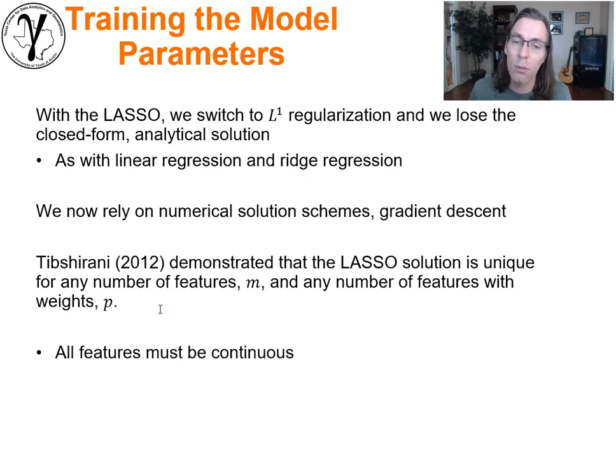Just like with dimensionality reduction and feature selection, M was the total number of features and P were the remaining selected features. In the case of feature projection, it was the number of, say, principal components we worked with. I should comment that this has been shown to be unique for the case in which all features are continuous. If some of your predictor features are categorical, you may lose this attribute.